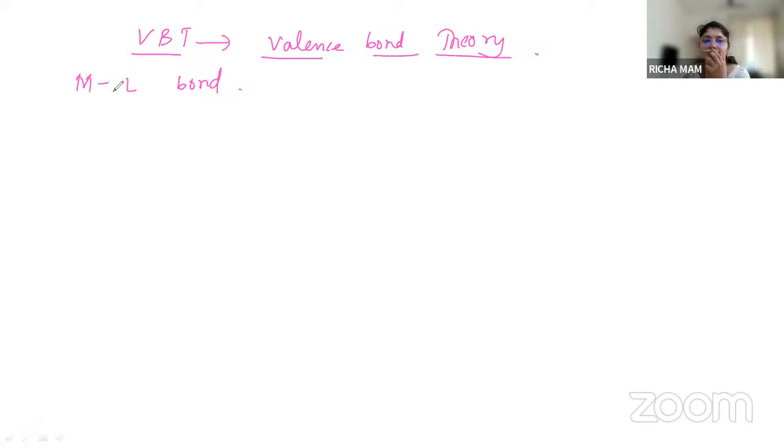This metal ligand bond is said to be a covalent bond. It is assumed to be purely a covalent coordinate bond.